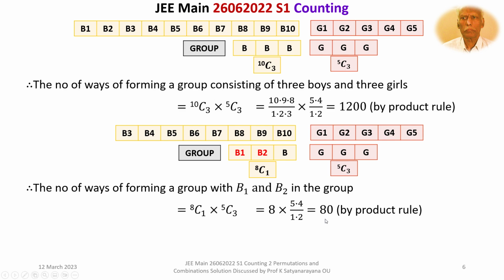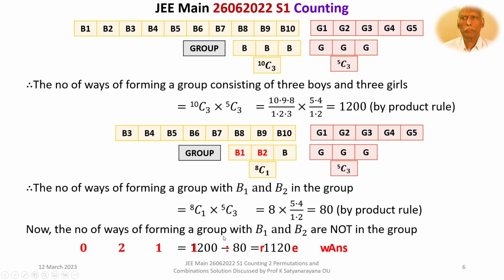Now, the number of ways of forming a group with B1, B2 together not in the group is 1200 from the above without conditions minus the above one 80, that is 1120. Thus, the number of ways of forming a group with B1, B2 not together in the group is 1120. That's our answer.